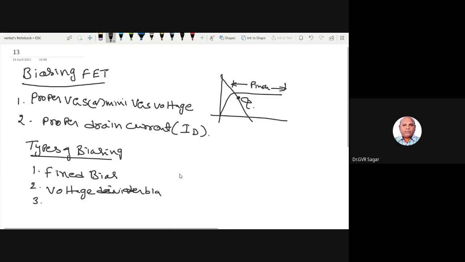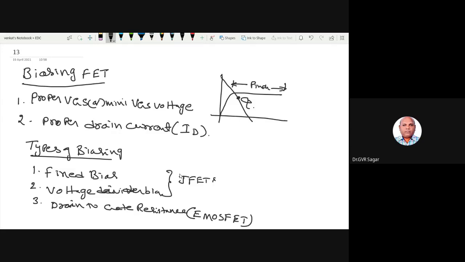And the third one is the drain to gate resistance. This is especially used for EMOS. We will not use this for general FET or JFET. These two combinations are used for JFET and DMOS. So: fixed bias, voltage divider bias, and drain to gate resistance.